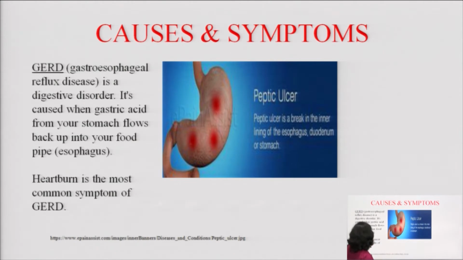It is caused when gastric acid from your stomach flows back up into your food pipe, that is your esophagus. Heartburn is the most common symptom you feel in the case of GRD.